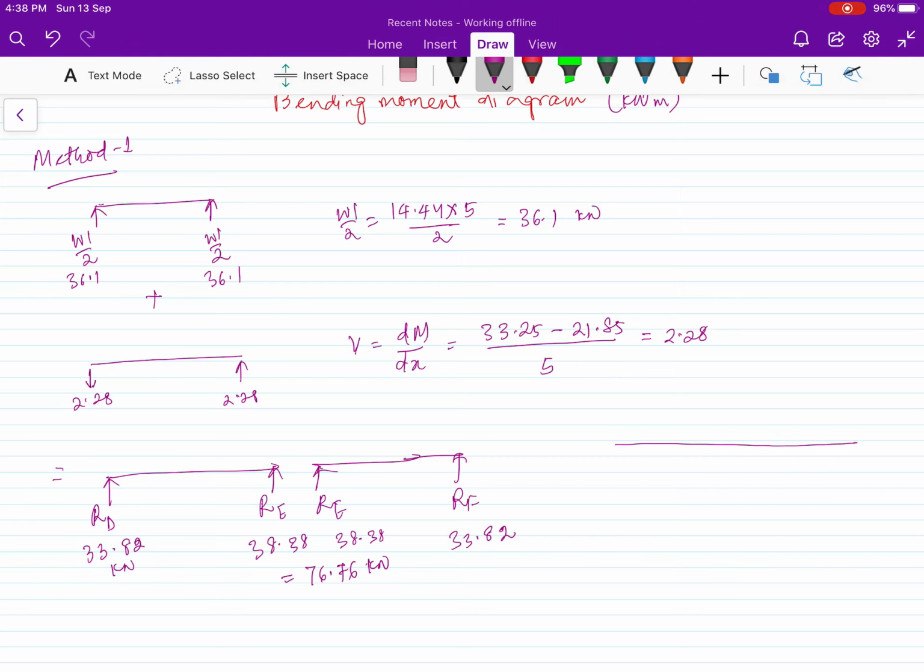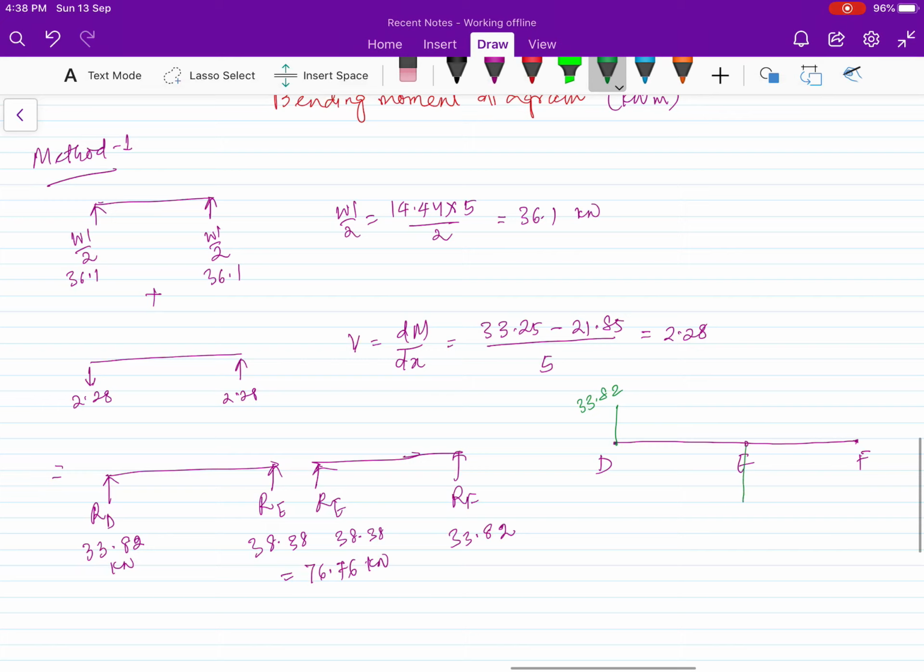So if I draw D, E and F, your shear force diagram will be: here RD 33.82, and here 38.38.